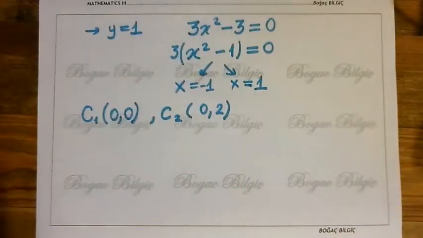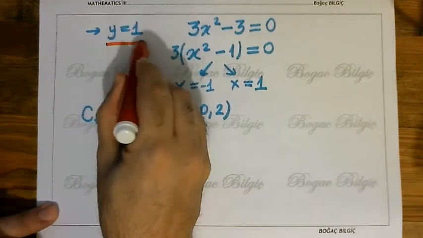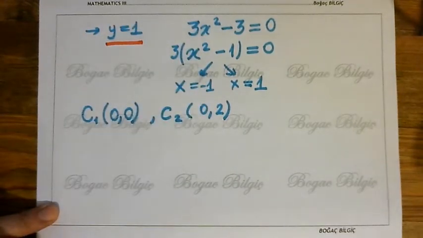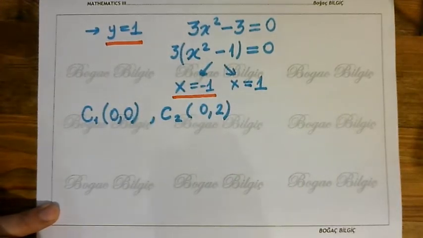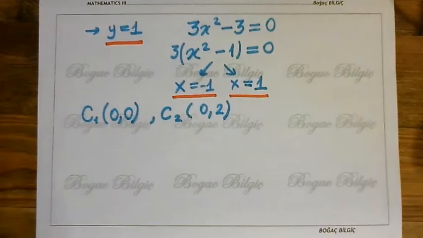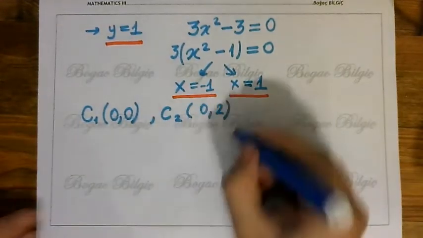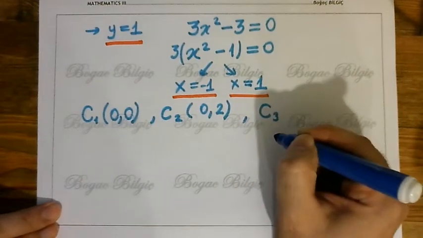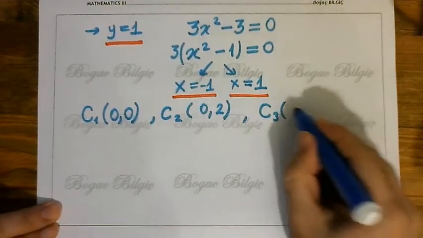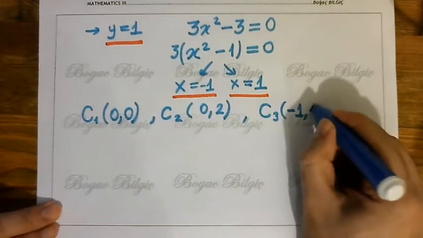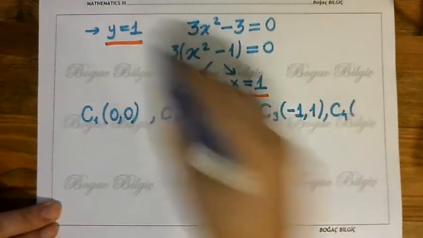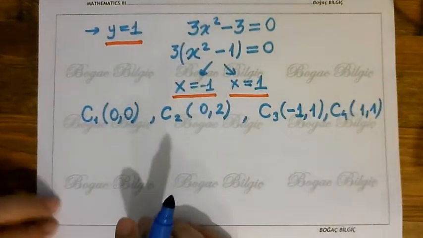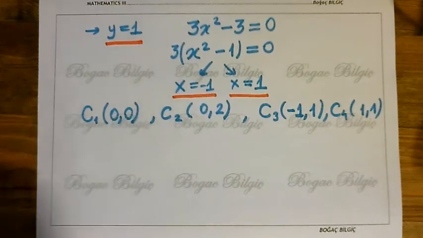And then for y is equal to 1, we find x is equal to minus 1 and x is 1. So critical point 3 is (minus 1, 1), and critical point 4 is (1, 1). They are the indicators for local extrema.